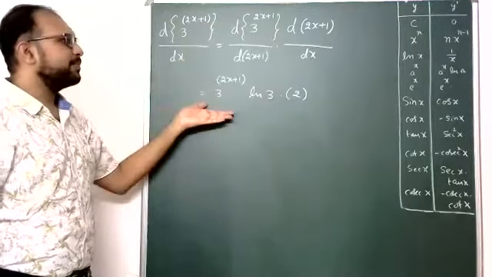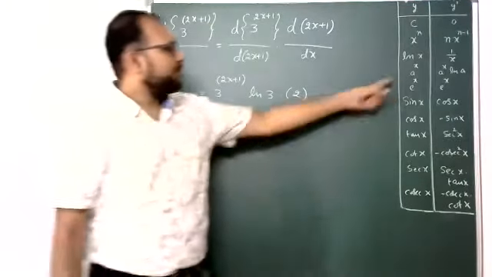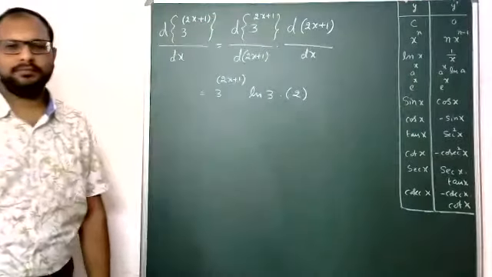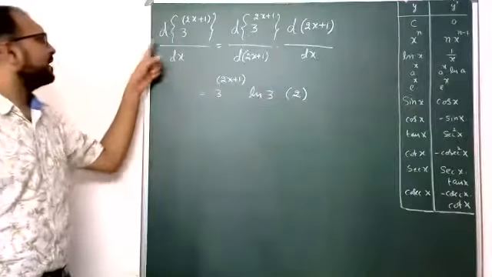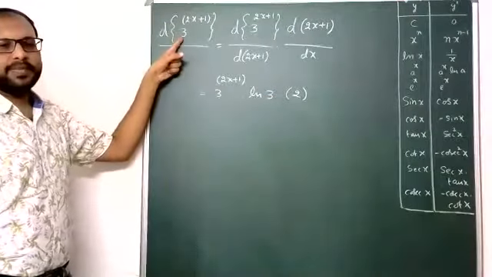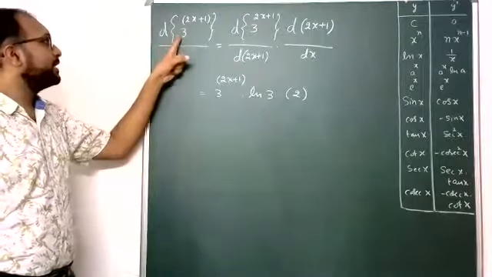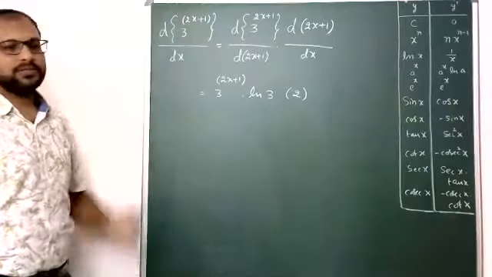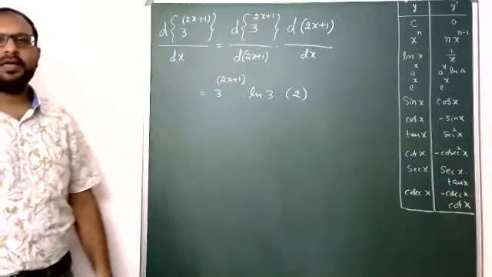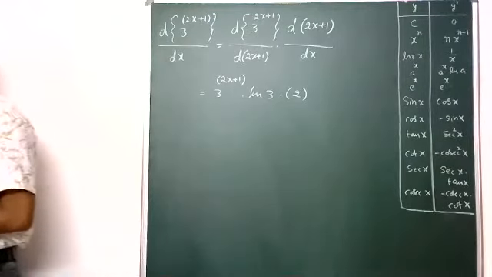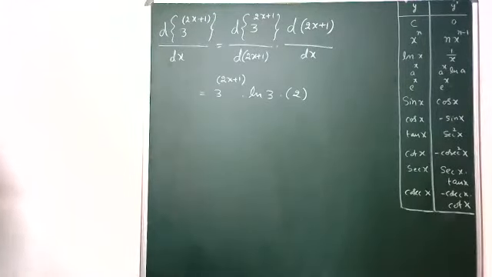This is another example of chain rule for a to the power of x model. Very similar, e to the power of x also you can take now here. In the place of 3, you can take e to the power of 2x plus 1. Same as it is. Okay. Next another example I will tell.